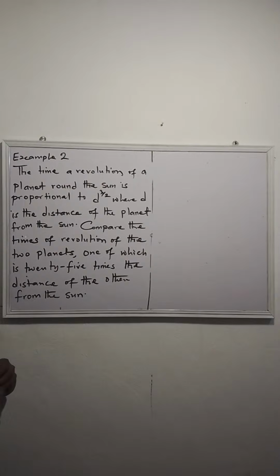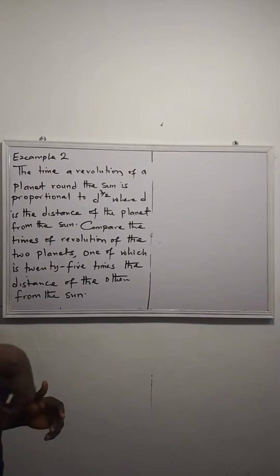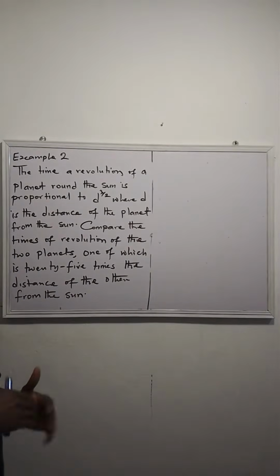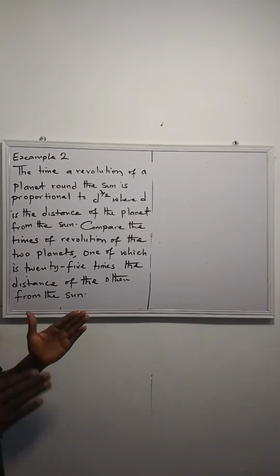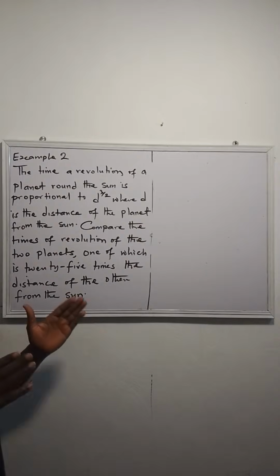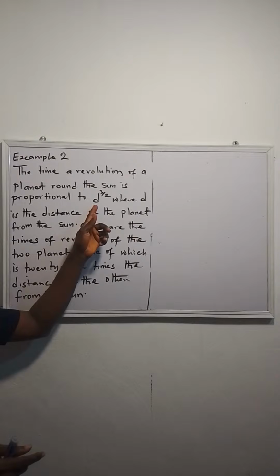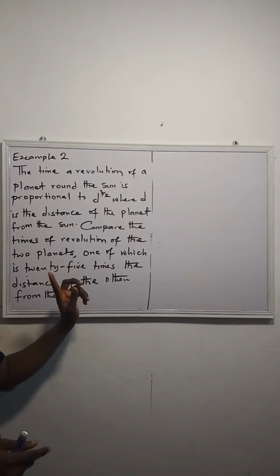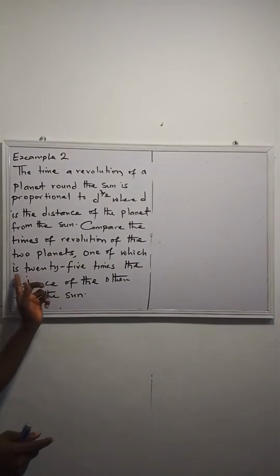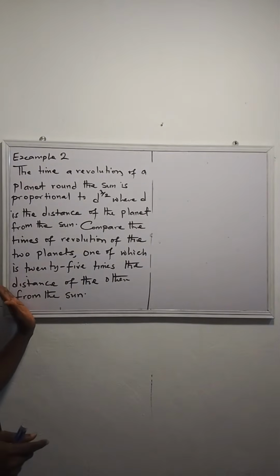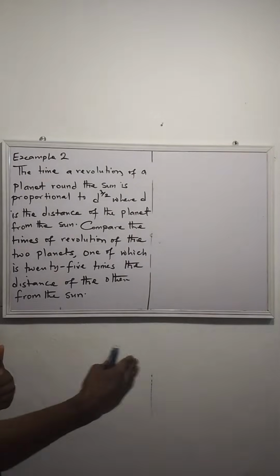All right, so now the question is talking about a planet revolving around the sun, right? So we now have two planets now this time around, which the distance between each other is described this way, and such that one is 25 times the other in terms of distance.